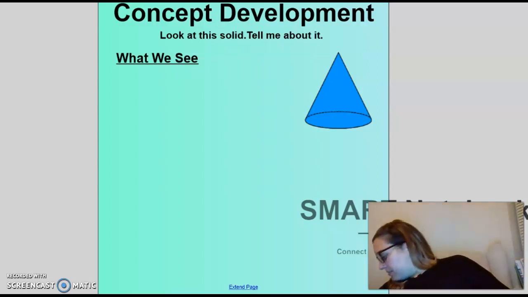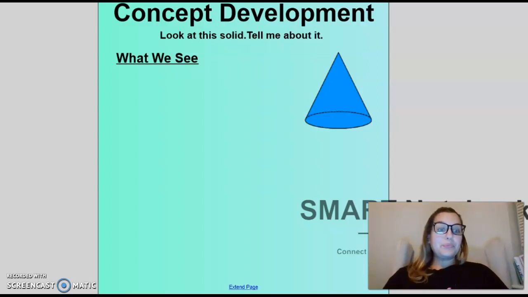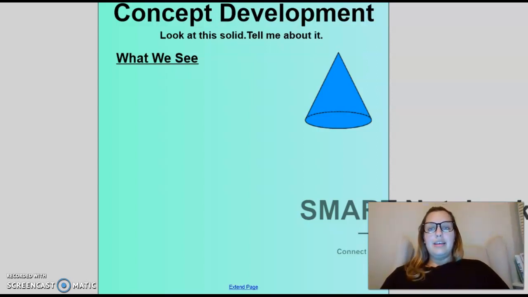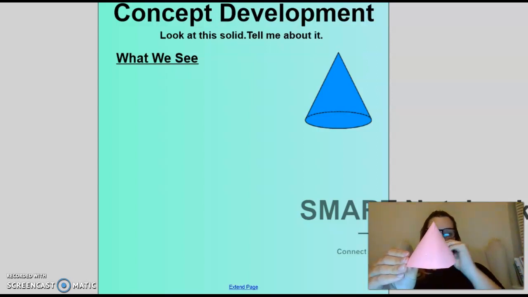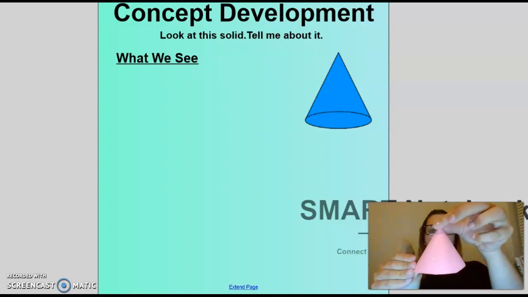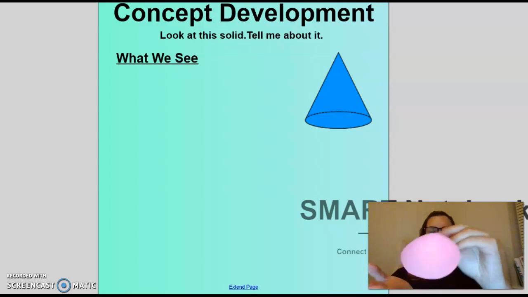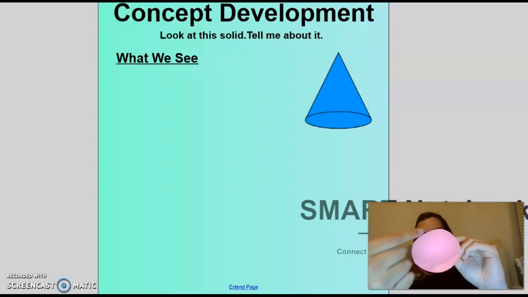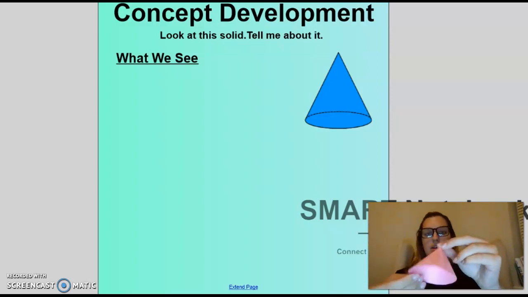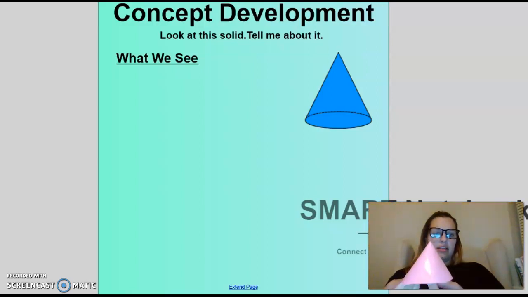Okay. I want you to pause on this next shape. What do you notice? I'm going to show you a real one. I made this just out of paper. Here, and it would have a circle on the bottom. See a circle? Then what does it look like as I turn it?